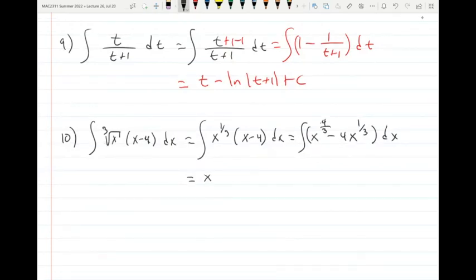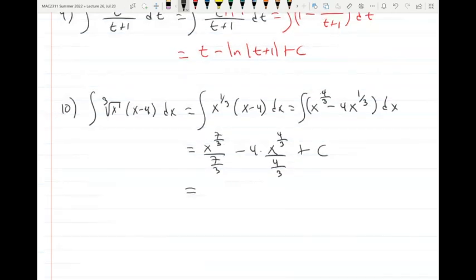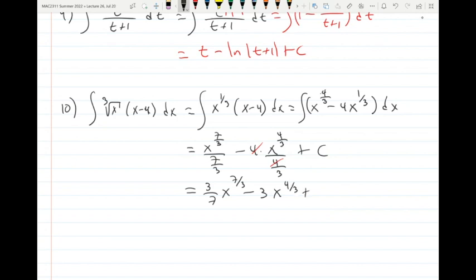You add 1, so that would be 7/3. x to the 7/3 over 7/3 minus, for the second, add 1, so that's x to the 4/3 over 4/3, plus c, and now simplify. So the 4 here cancels with this one, so we end up with 3/7 x to the 7/3 minus, now the 1/3 in the bottom goes to the top as a 3, x to the 4/3 plus c.